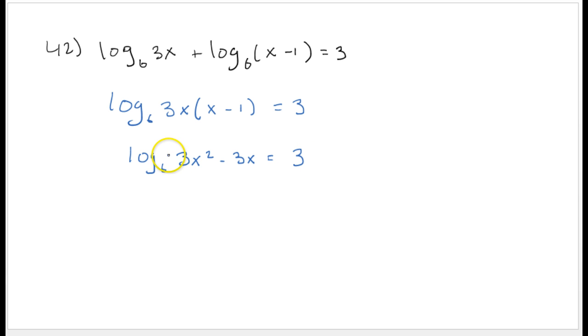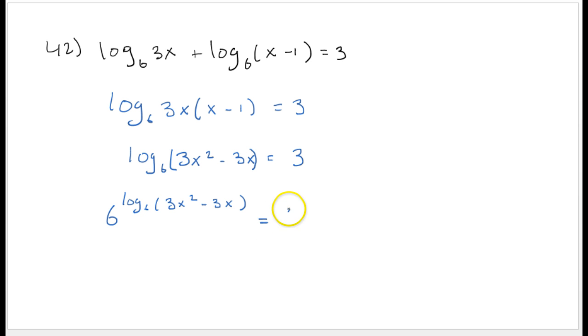To get rid of this, we want to get rid of this log base 6. So what gets rid of a log base 6? Well, an exponential number with a base 6. So we're going to exponentiate this entire quantity. So we get 6 to the log base 6 of 3x squared minus 3x.